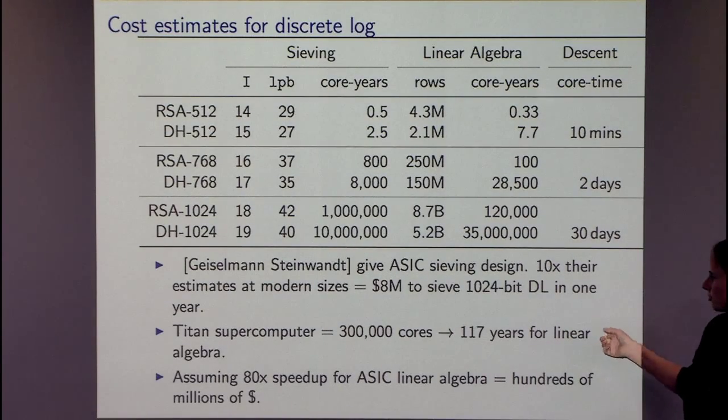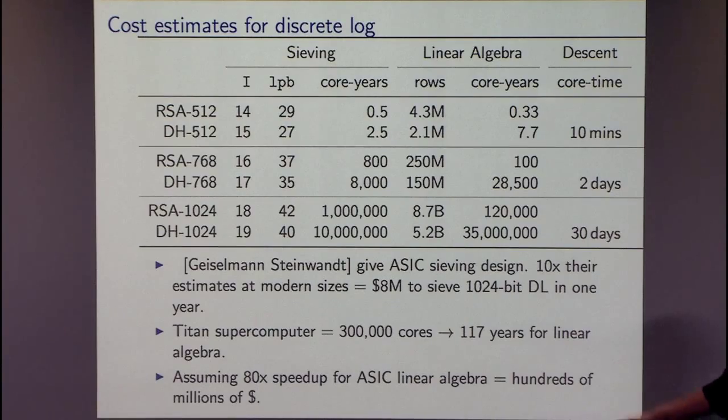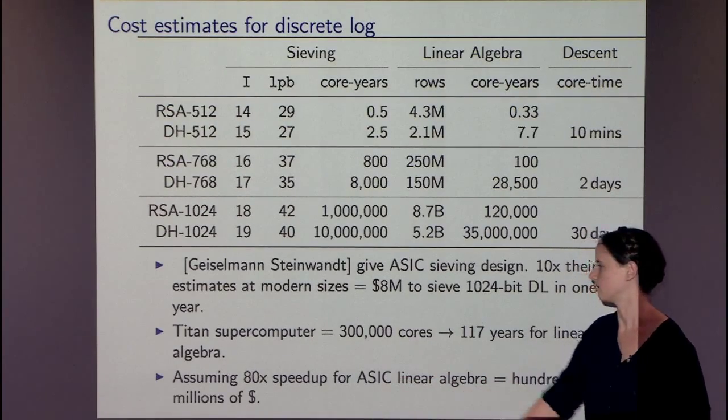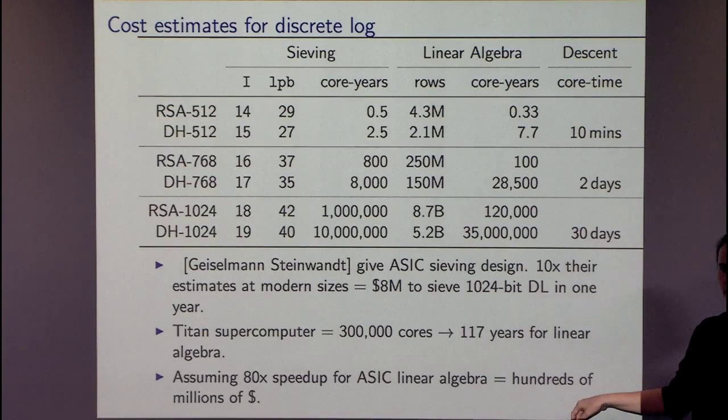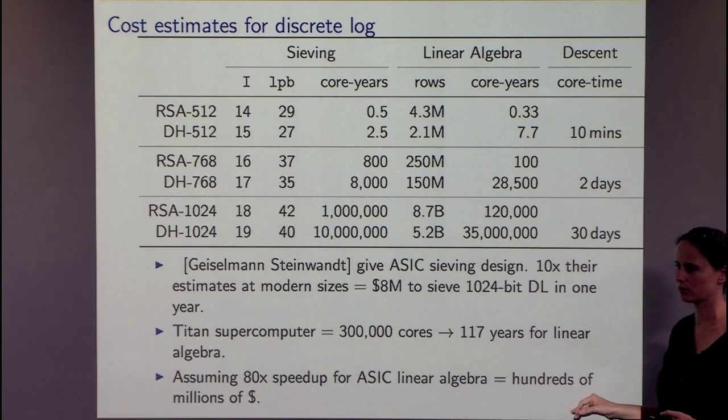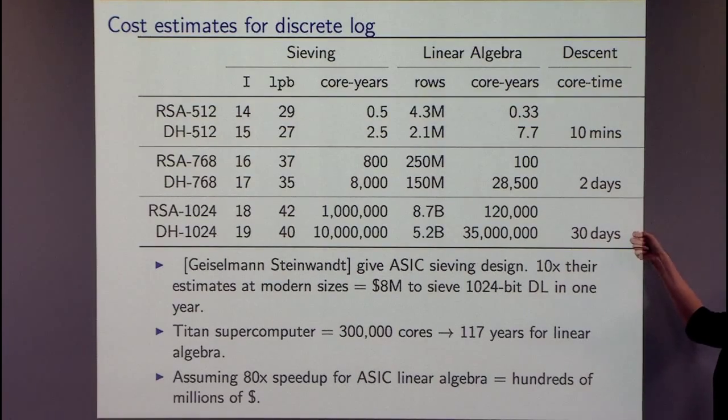If you assume that there are some smart people out there who have gotten a 100-time improvement, or if you can expect, say, an 80 times speedup for doing linear algebra in special purpose hardware, this would cost hundreds of millions of dollars, but this is not out of range. It is so close to in range that this should clearly be retired.